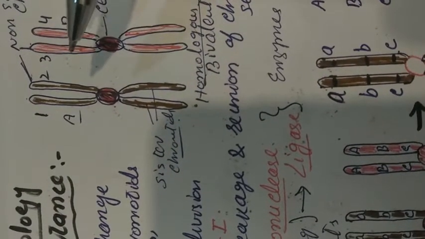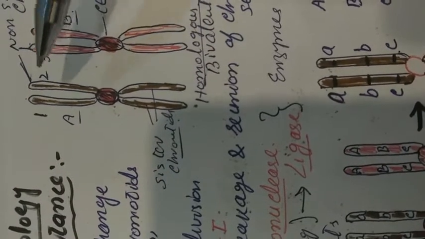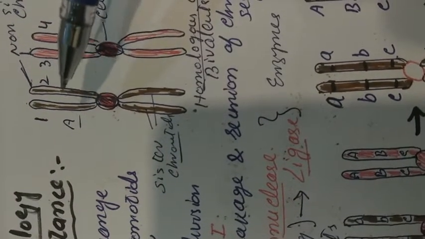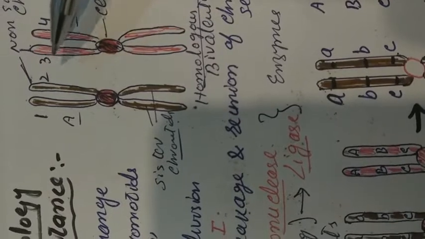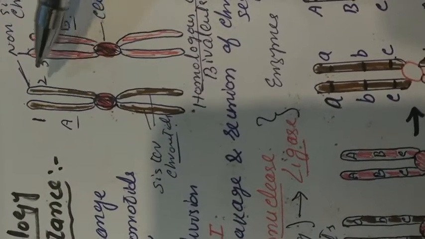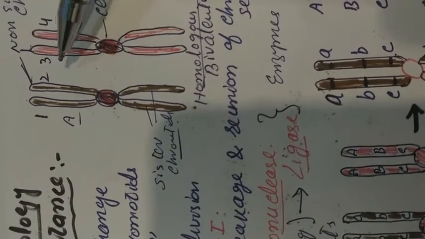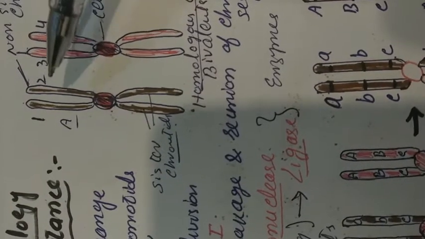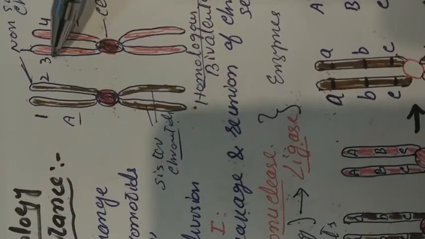Actually, during crossing over, the exchange of segments or exchange of genes takes place between non-sister chromatids. As you can see, the non-sister chromatids in this case will be 2 and 3.